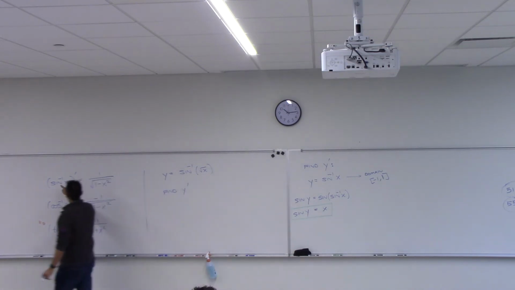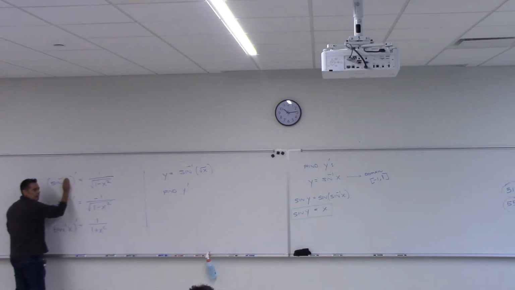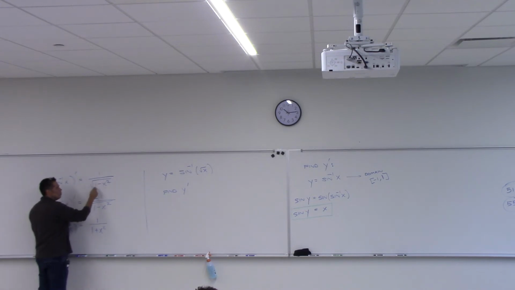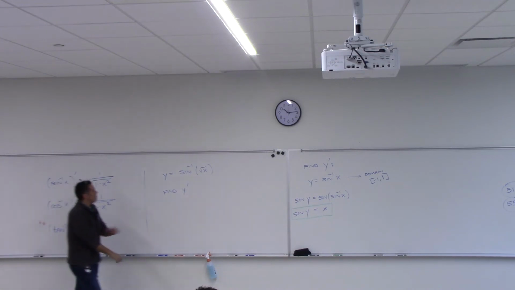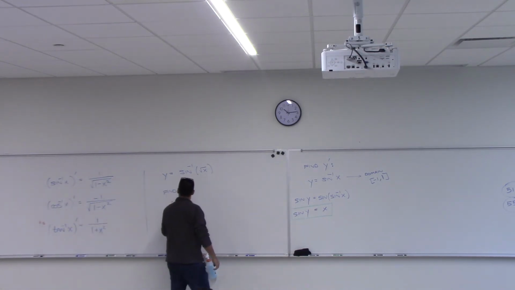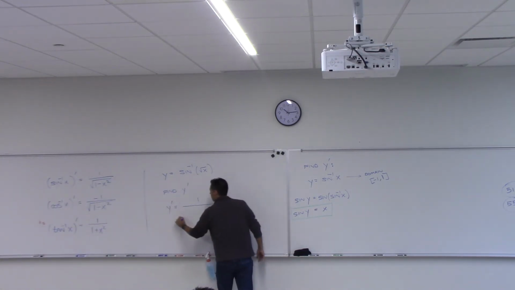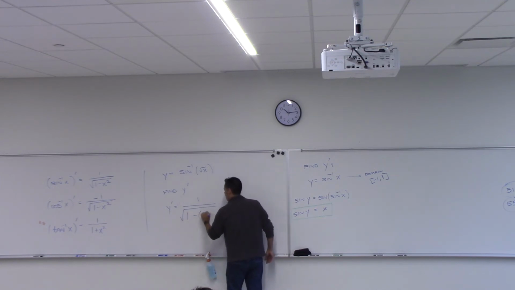The derivative of inverse sine of something is going to be 1 over the square root of 1 minus that something squared.